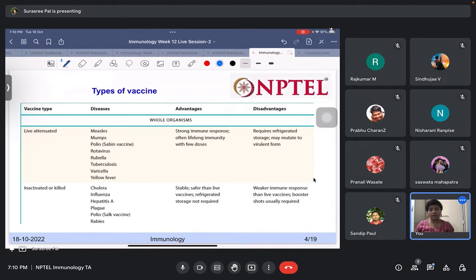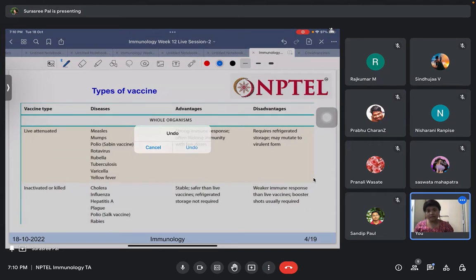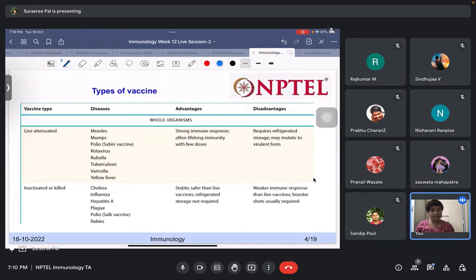Attenuated means they cannot be pathogenic anymore. So they are not pathogenic, but they can transiently grow inside the host.